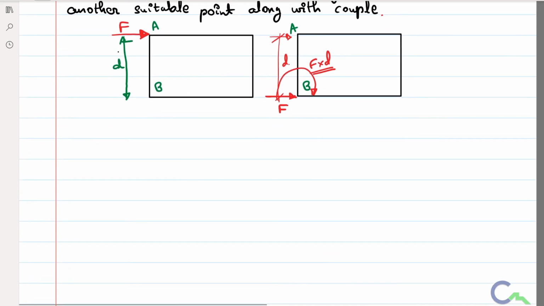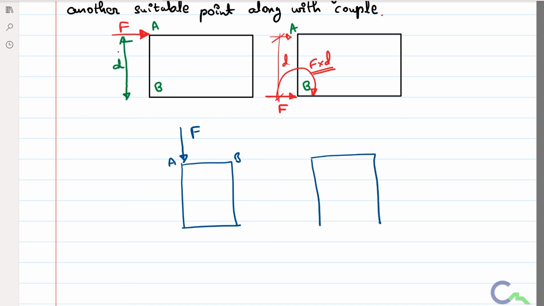I will give one more example. Suppose I have a rectangle like this, with one force F here, maybe this point is A, and one more point is B. Maybe this distance is 2 meters. If I want to shift that force from A to B, I can shift it directly like this, F, but I have to introduce one couple.